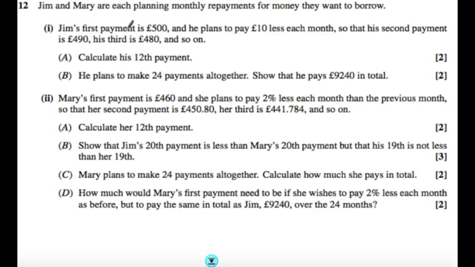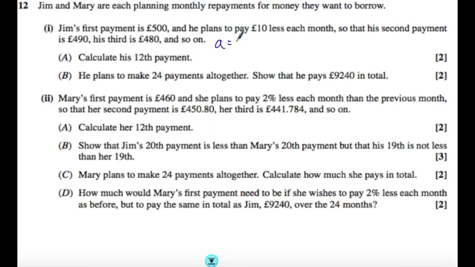Right, question 12. Jim and Mary are each planning monthly repayments of money they want to borrow. Jim's first payment is £500 and then he plans to pay £10 less each month, so that his second payment is £490, his third is £480, and so on. Calculate his 12th payment. Right, so this is an arithmetic sequence because it's going down by the same amount each time.